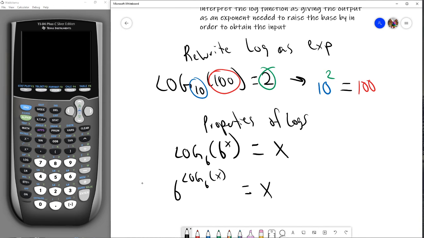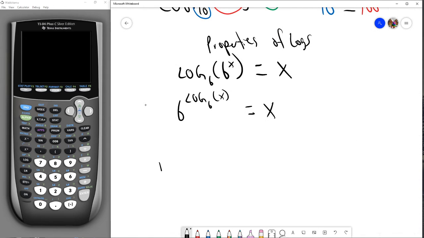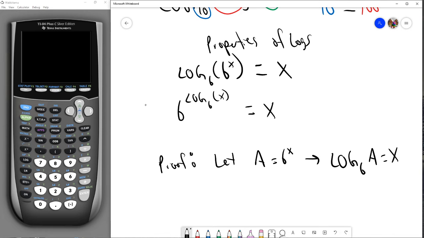Let's go ahead and prove these now. So let's let a equal b to the x. That means log base b of a is equal to x.